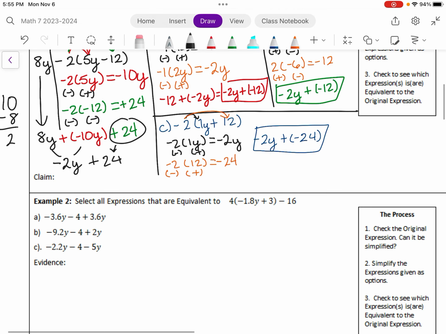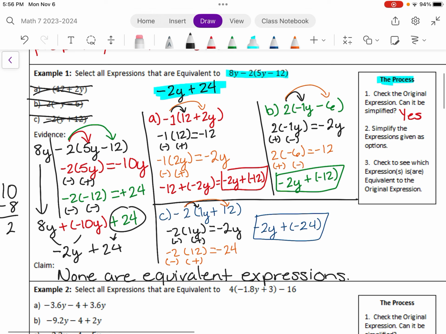So my claim is going to say none are equivalent expressions. And that is how we do example number 1.